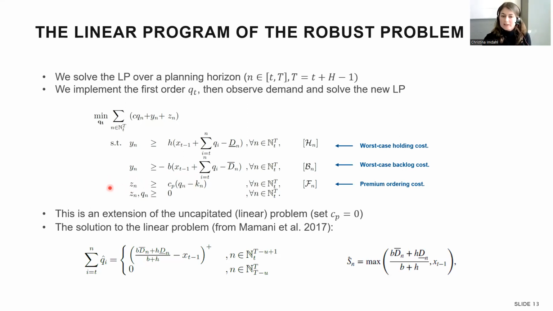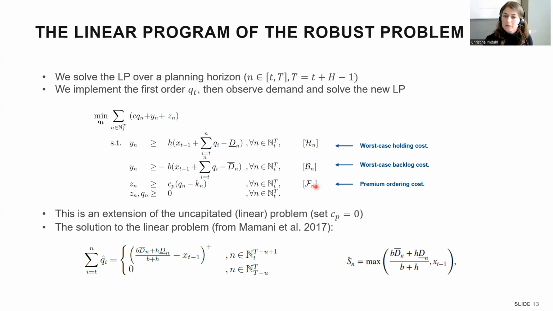So this is an extension of the uncapacitated problem. The uncapacitated problem is the same formulation, except that it doesn't have the constraint set Fn. So these constraints would not be there in the linear problem.